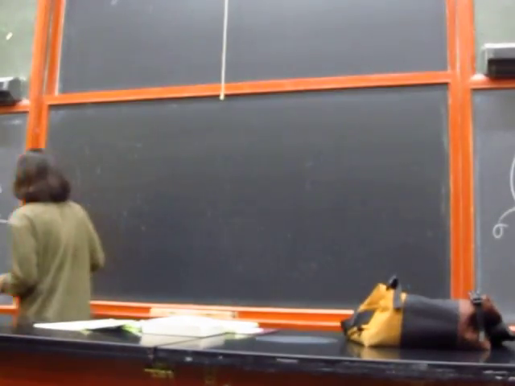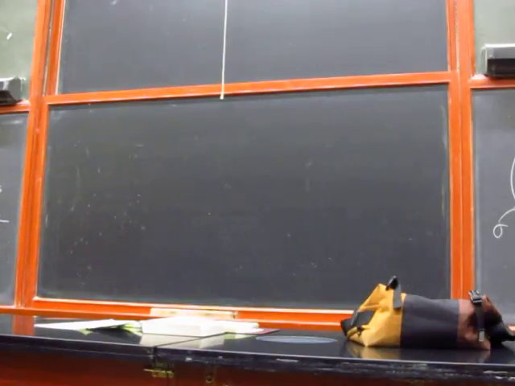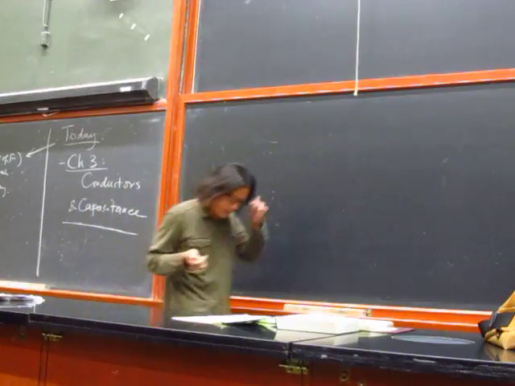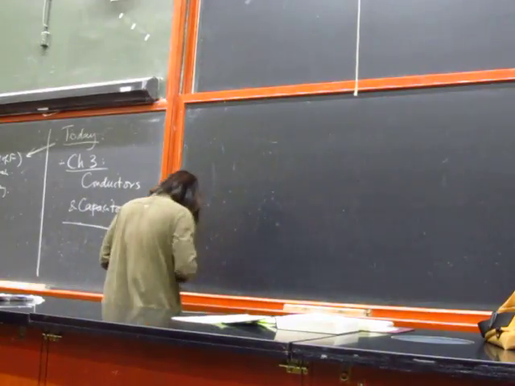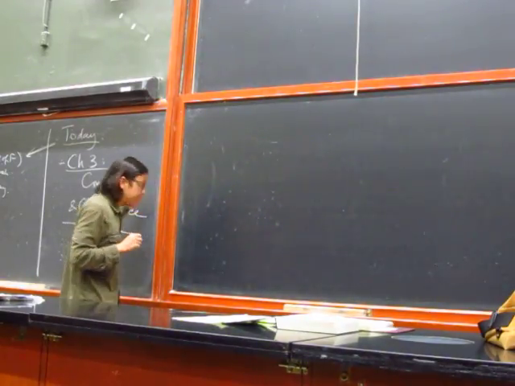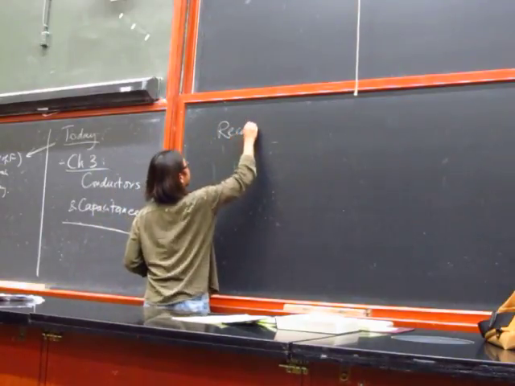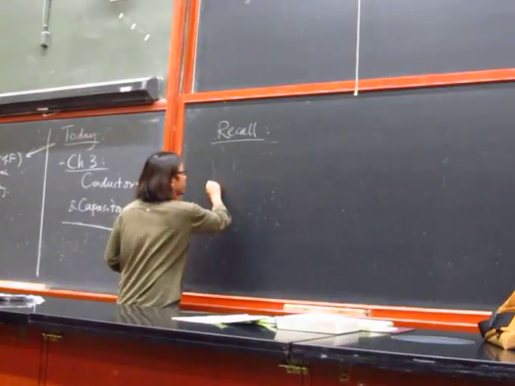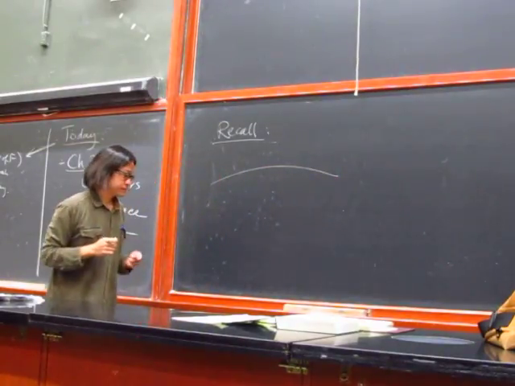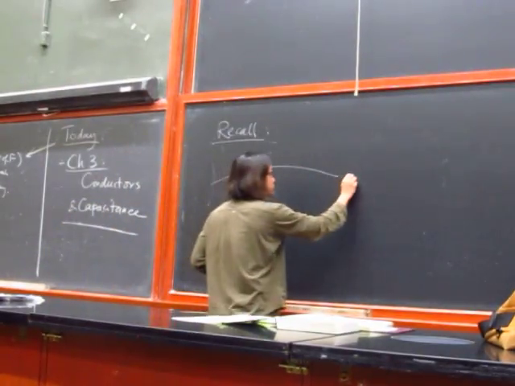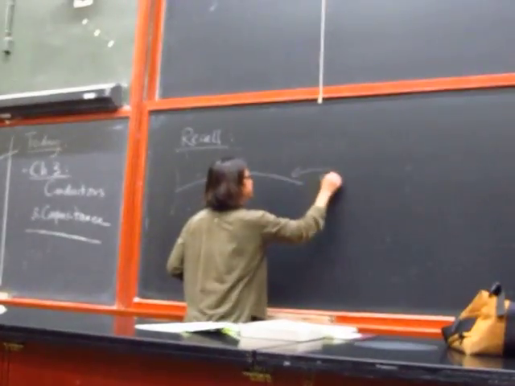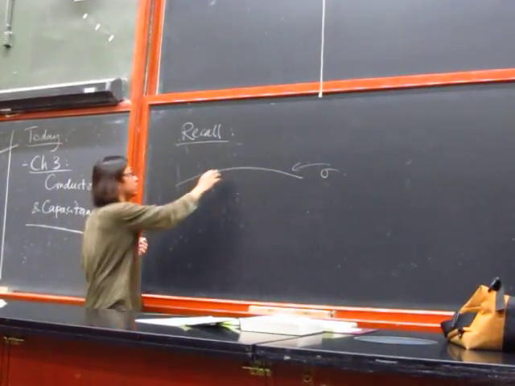So today we're going to talk about conductors and capacitance. This is chapter 3 in Purcell. Before I do that, I recall that when you have a surface charge sigma, this is also what we did last time.